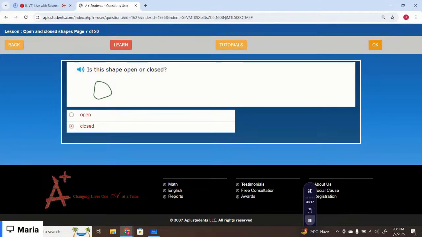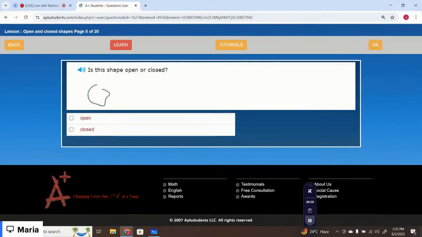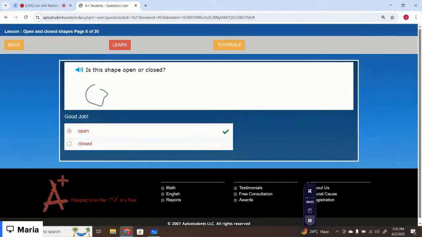Option number two is the correct option. Is this shape open or closed? Open it is. Option number one is the correct option.